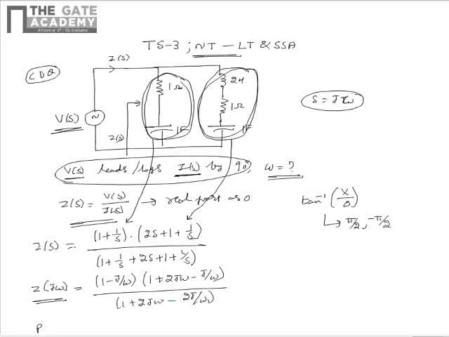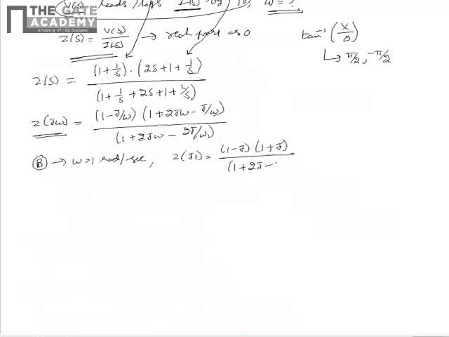So if we see the option B, it corresponds to omega equal to 1 radians per second, and for this value of omega, Z of J1 can be written as 1 minus J multiplied by 1 plus 2J minus J, that is 1 plus J divided by 1 plus 2J minus 2J.